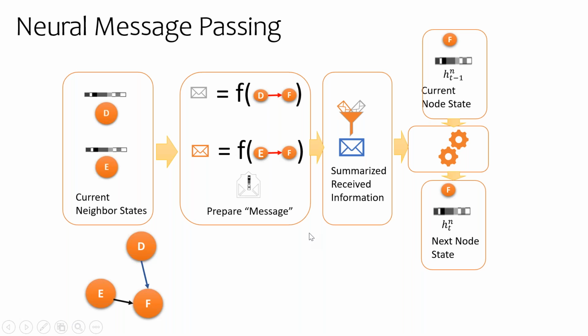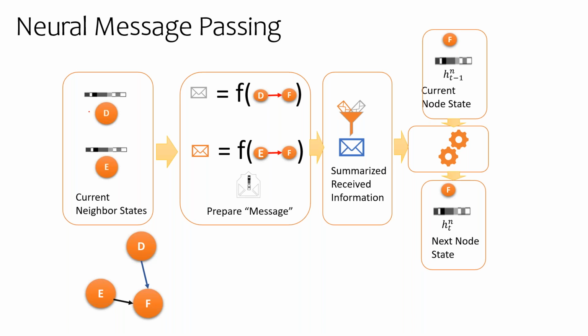Once we understand the graph, let's say I have these initial representations of the graph, and as you see from the previous slide, I have D and E, these two nodes connected to the node F, and they have edges directing to F only, right?